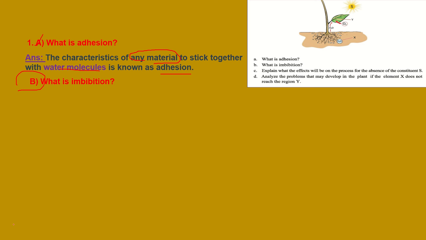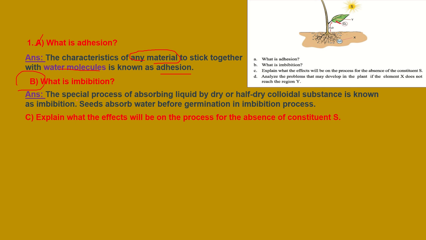The special process of absorbing liquid by dry or half dry colloidal substance is known as imbibition. Seeds absorb water before germination, that is the imbibition process. This is one example.